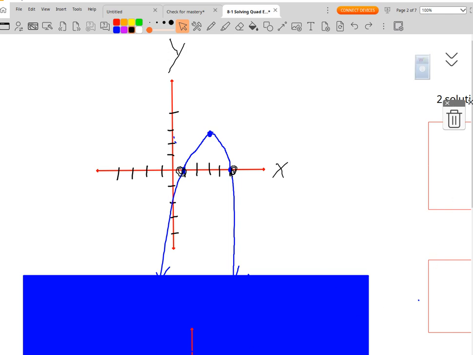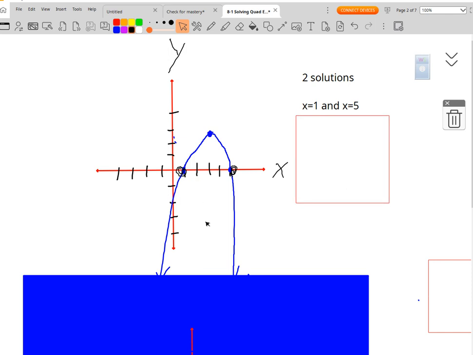Alright, so, here we go. This parabola shows us that there are two solutions to this quadratic equation. This is a parabola opening down, and it crosses the x-axis at these two points. I know the solution to this quadratic equation is 1 and 5. Now, how do I know that?